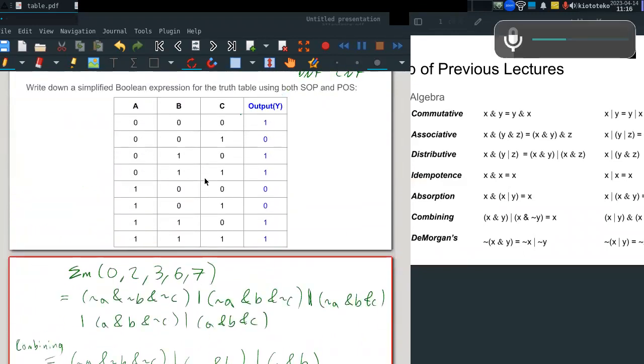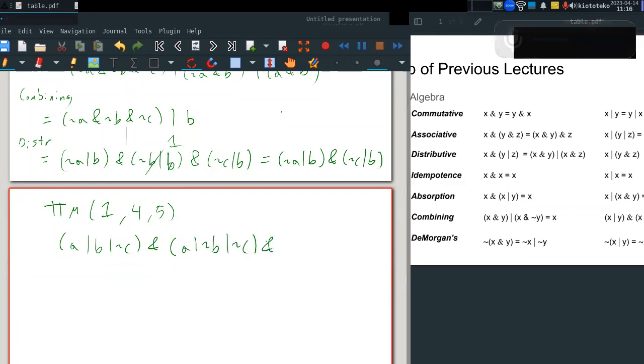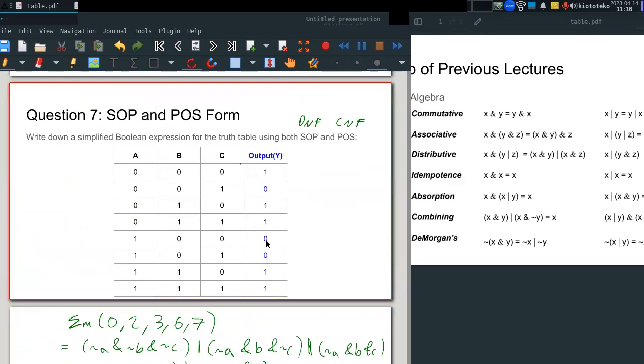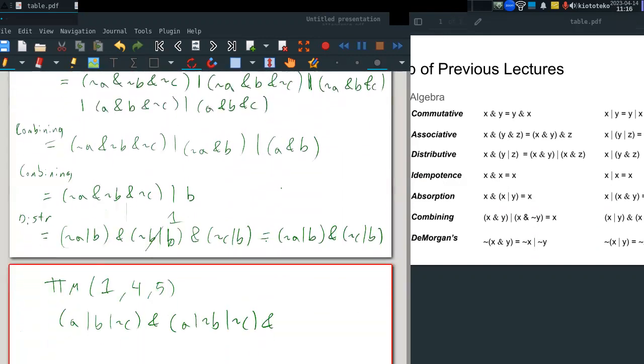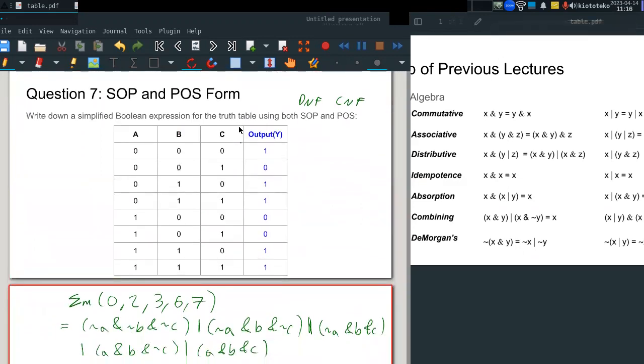And A, not B, and not C, no? Let me see. A, not B, not C. And this is the product of sums, no? A, no, wait, what am I doing? No, it's the opposite logic.